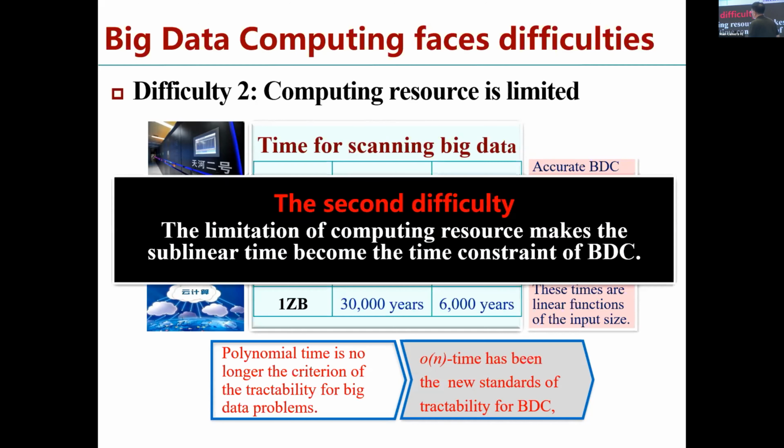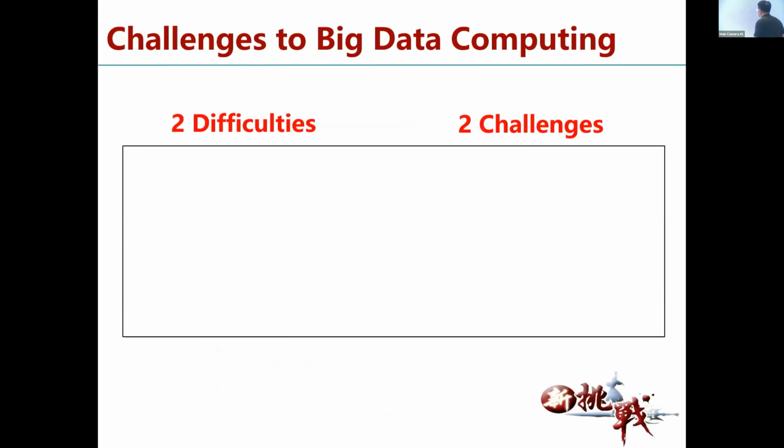Then we have the second difficulty. The limitation of computing resources makes sublinear time become the time constraint of big data computing. So the two difficulties give us two challenges.